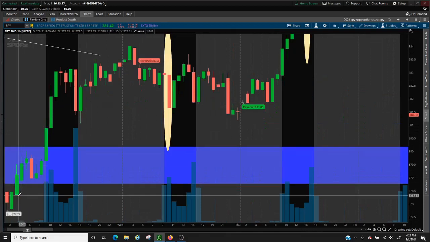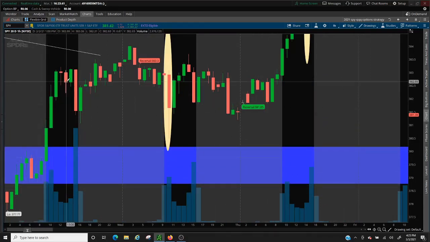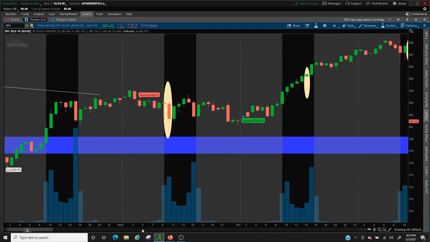That area right here, look, it was resistance, it was support, it went through it, price went down, it almost hit that area, and it bounced back up.